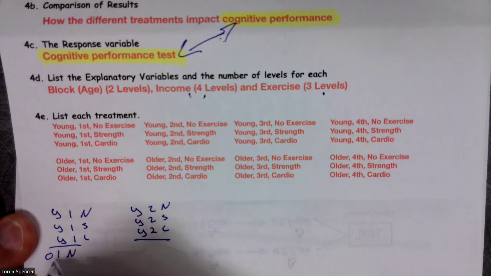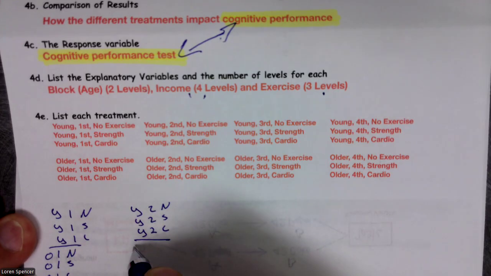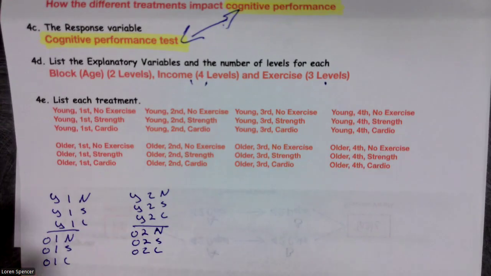Old 1, no exercise. Old 1 strength. Old 1 cardio. Old 2, no exercise. Old 2 strength. Old 2 cardio. So it is fine to abbreviate to speed that up. We have an advantage when we're typing this that it doesn't take too long, but if you have to write it all out, it helps to abbreviate.